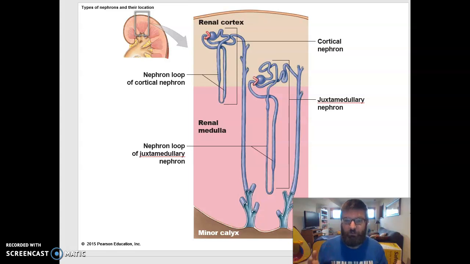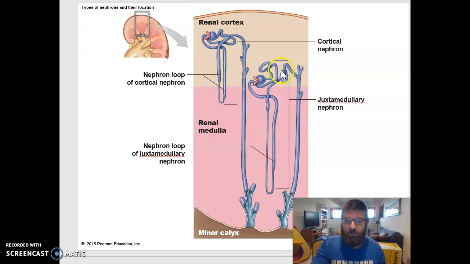When I say they're the functional unit of the kidney, I mean if the main function of the kidney is filtration of blood and creation of urine, well, the smallest unit that does that job is called the nephron. And there are two main kinds of nephrons. Cortical nephrons are primarily in the cortex, right? There's a little bit of dip into the renal medulla, but they're mostly in the cortex.